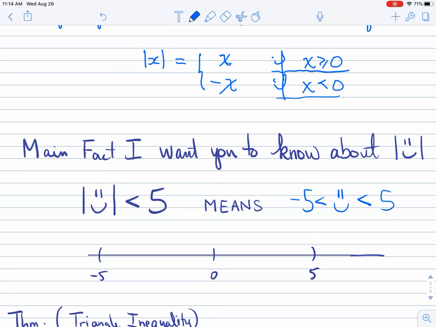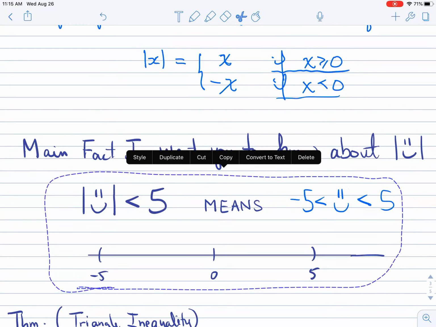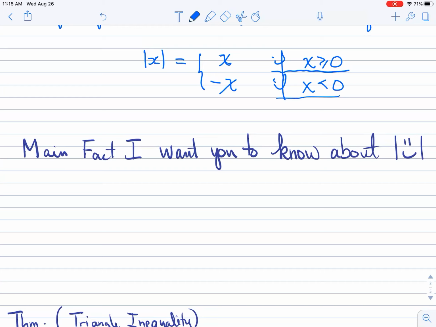Right? So I know that seems like a super obvious thing, like when you draw the number line and you kind of think through it, but this is so important, right? So let me just do another example, this time without the smiley face.